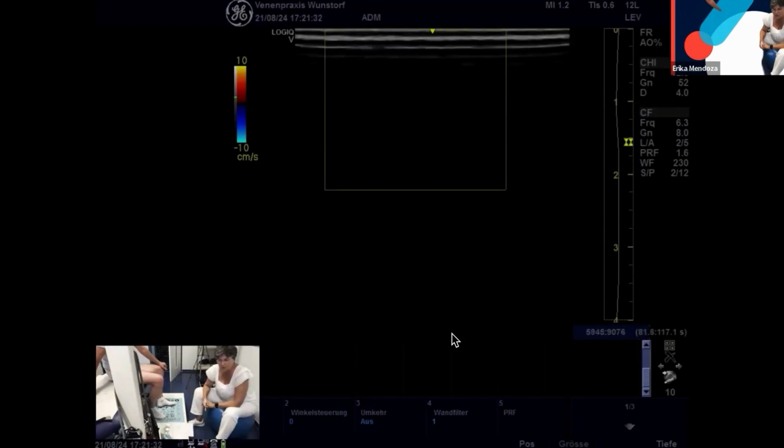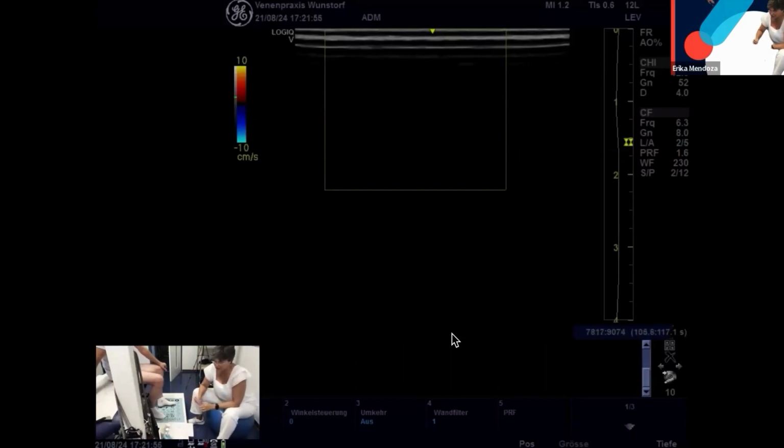Valsalva depends on so many factors. If the patient does it in standing position, you can't repeat it, and so on. But as you have seen, I was able to show you all the refluxes and situations with a combination of compression of the heart, with toe elevation, and with the dependency maneuver. So I don't see the point in doing Valsalva.